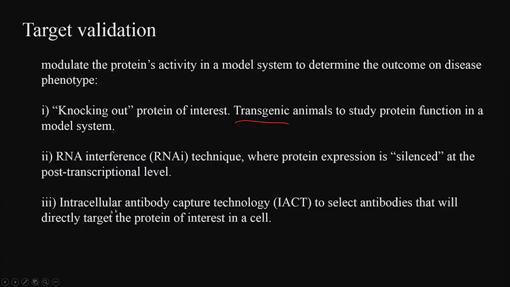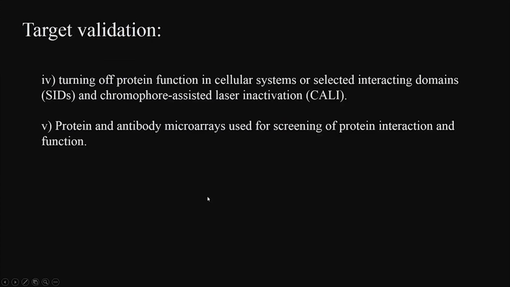Another approach is called intracellular antibody capture technology. So, you select antibodies that will directly target the protein. As you know, antibodies are very selective to that particular target. So, it will go and bind to that protein of interest. So, that protein is not available and then you see how the disease progresses. So, that is the third approach.